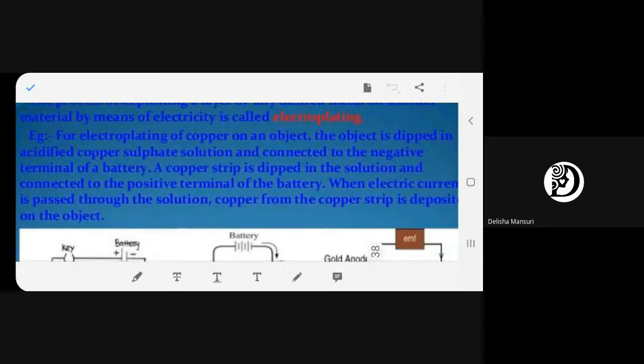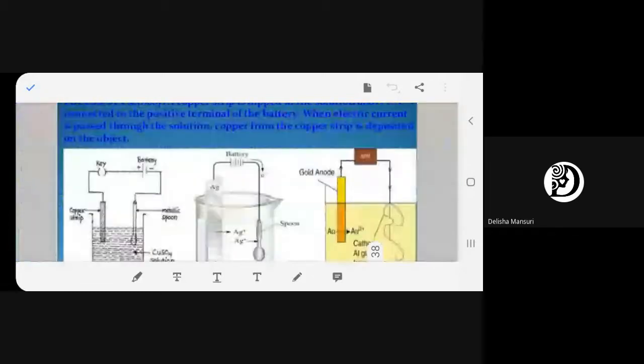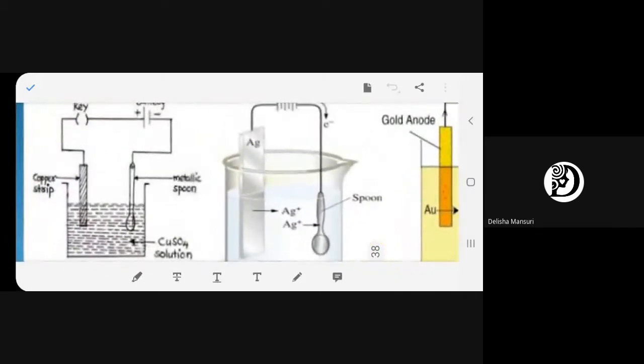The object is dipped in acidified copper sulfate solution and connected to the negative terminal of a battery. A copper strip is dipped in the solution and connected to the positive terminal of the battery. When electric current is passed through the solution, copper from the copper strip is deposited on the object. So you can see over here the electroplating.